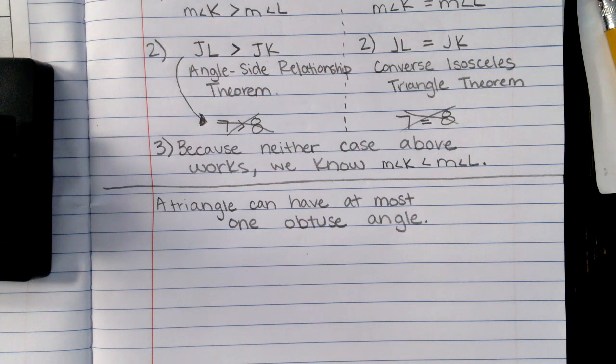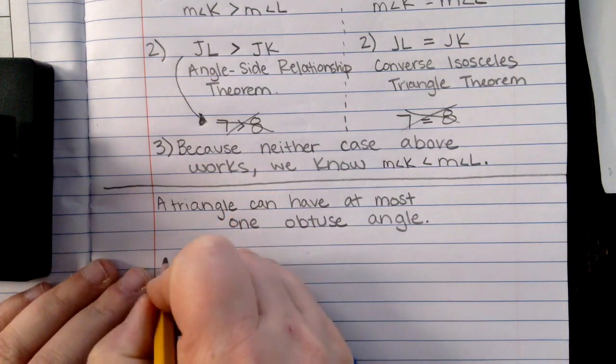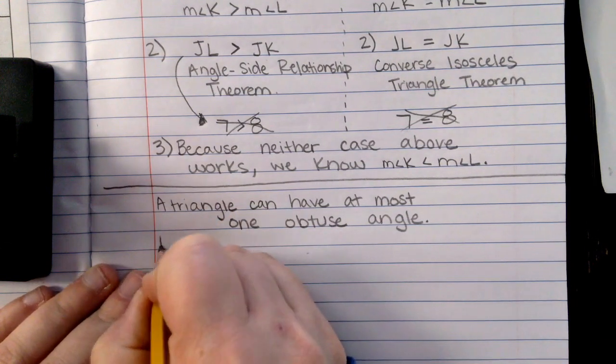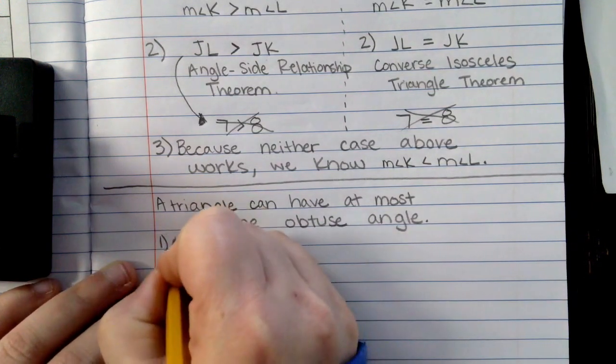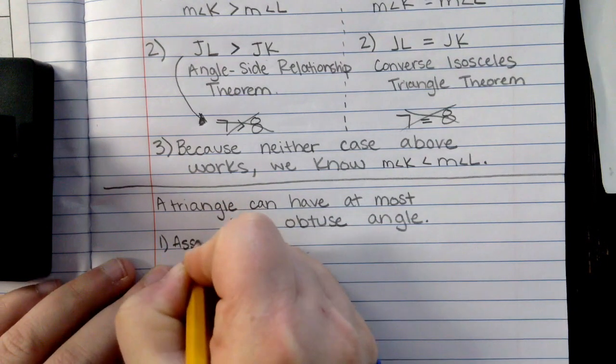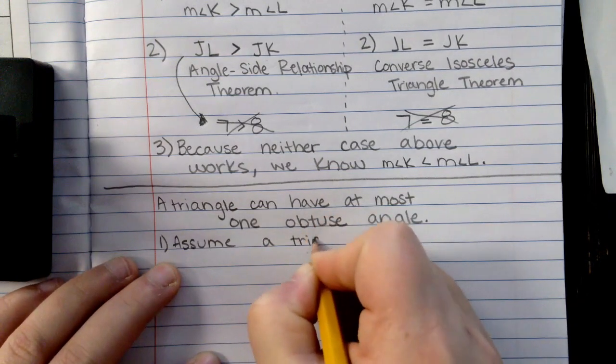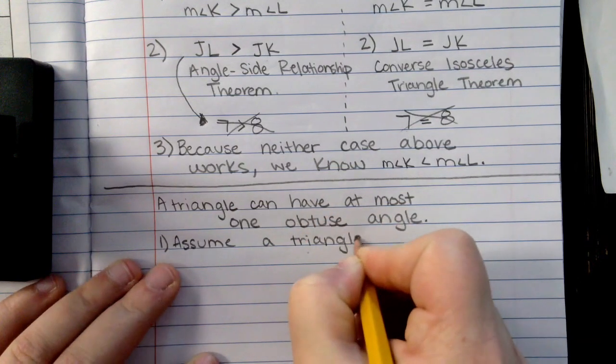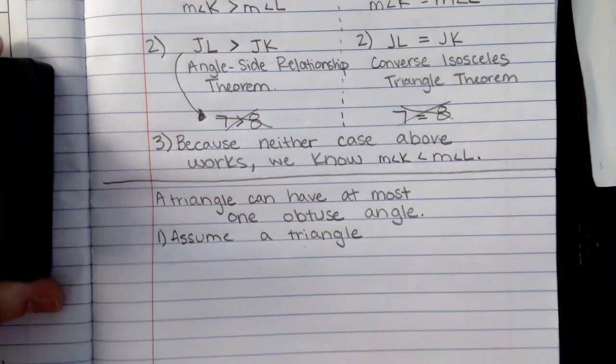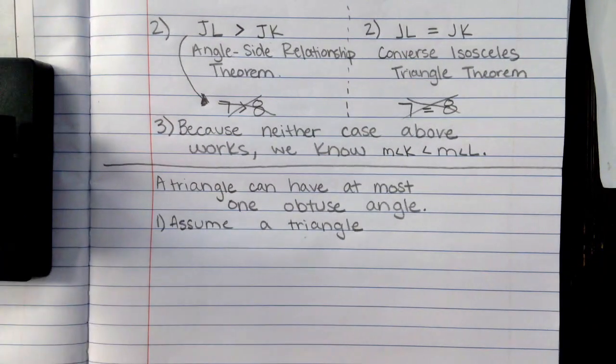All right. So, step number 1 is to assume our opposite. So we're going to start by saying assume a triangle. Now this one is a little bit goofy because saying cannot doesn't really work. So if a triangle can have at most one obtuse angle, what would be the opposite of only being able to have one obtuse angle? Infinite?